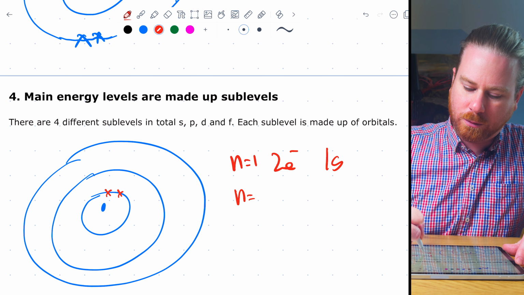And then finally, N equals 3 can hold a total of 18 electrons. I'm not going to draw them all in, but these live in the 3s, 3p, and 3d subshells. We're going to find out more about these subshells and orbitals right now.